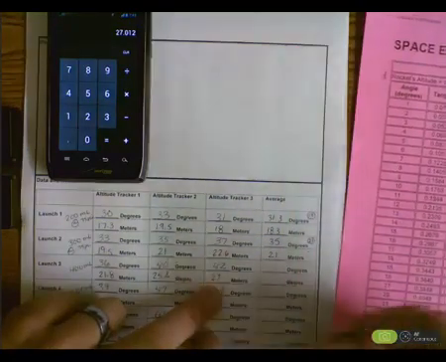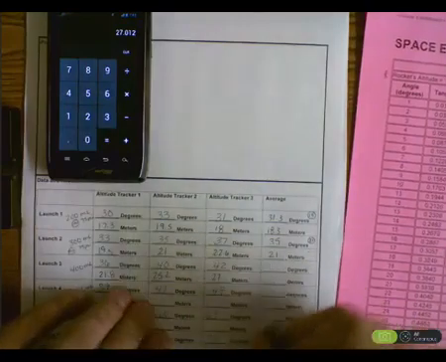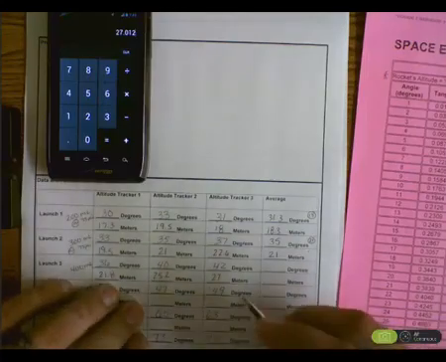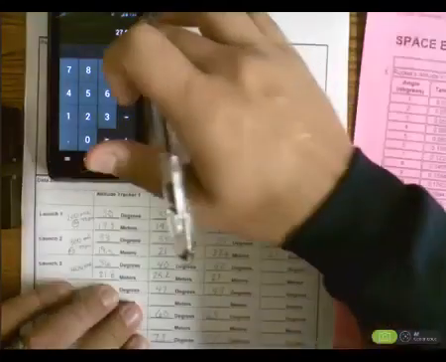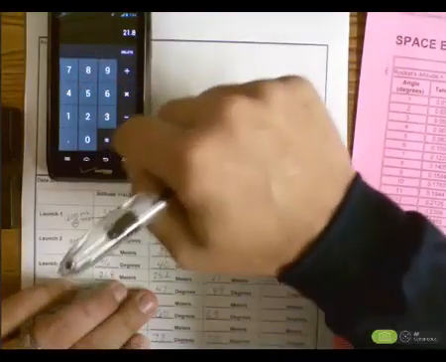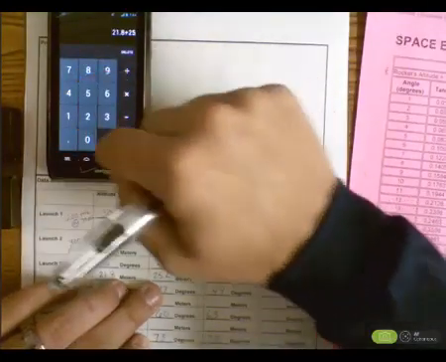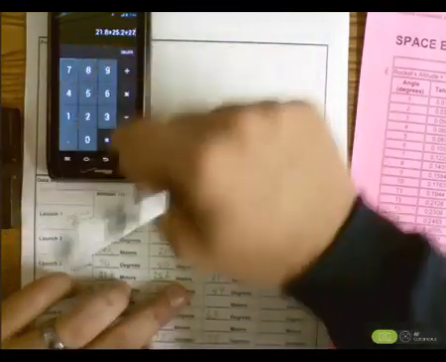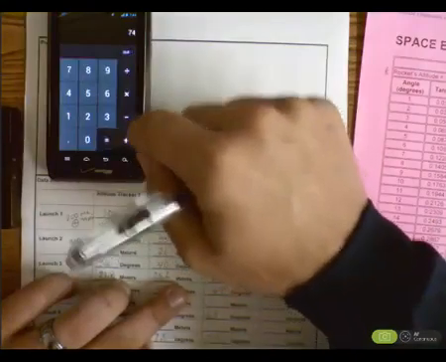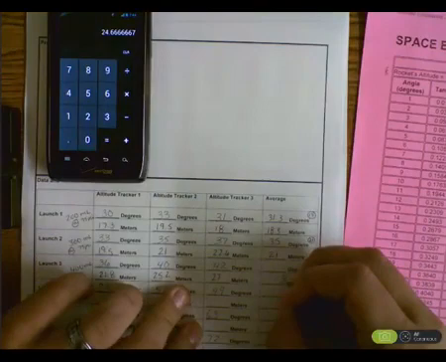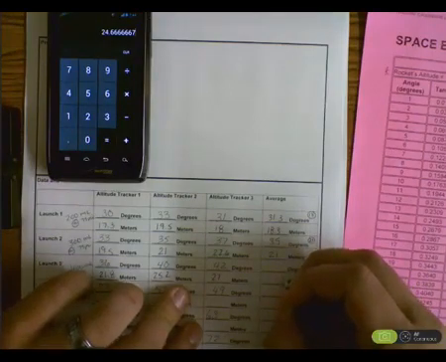Average them all out, and we're going to skip doing the degrees right now because we're going to hurry so that you can see the graph get its next point put on it. So I got 21.8 plus 25.2 plus 27, divided by 3 equals 24.6 repeating, so we can round that up to 24.7.